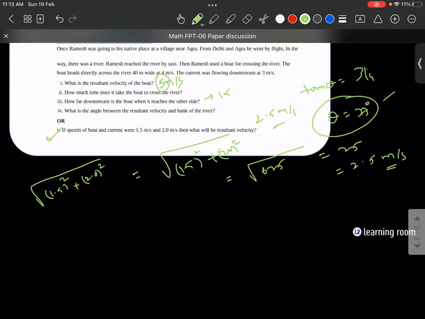Okay. So this is with respect to yesterday's paper. So we have to discuss the previous paper also, no?